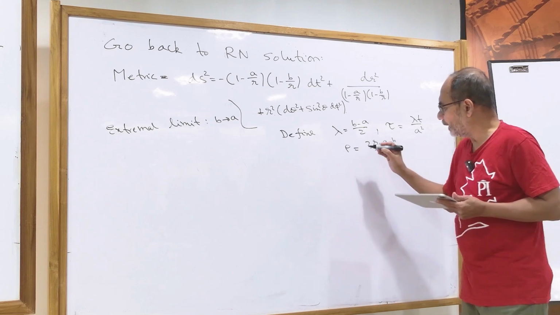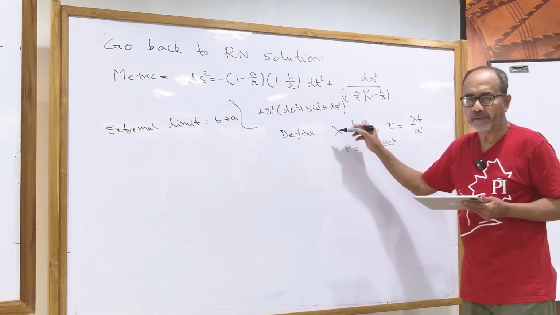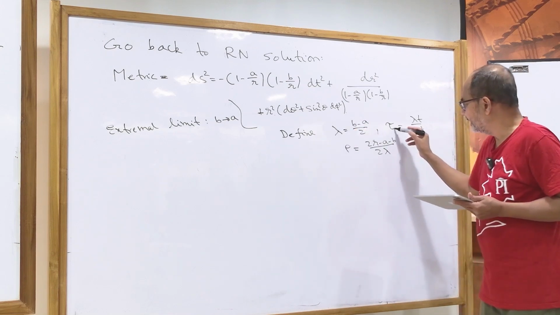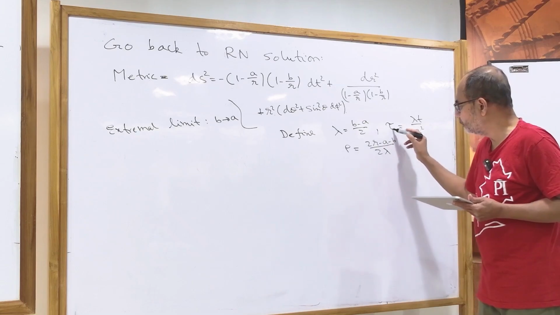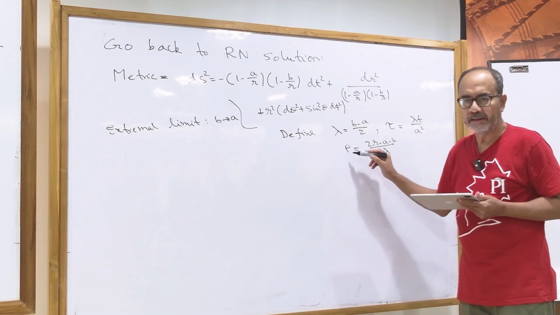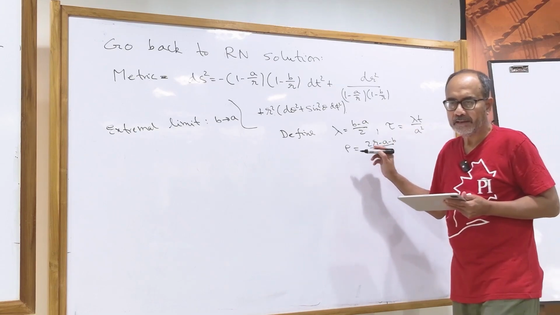Okay. So at this point, all I have done is define a new parameter lambda, and use new coordinates, a new time coordinate tau and a new radial coordinate rho. Nothing has changed.